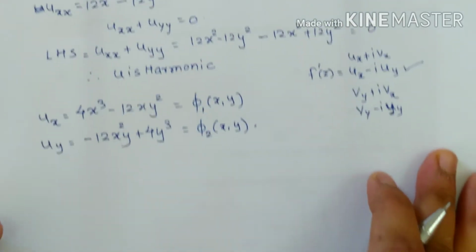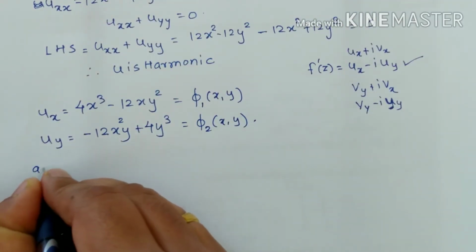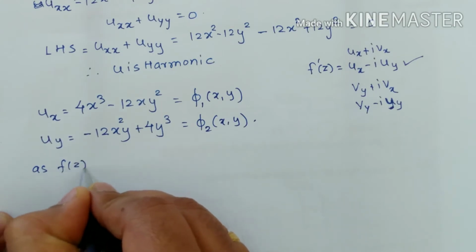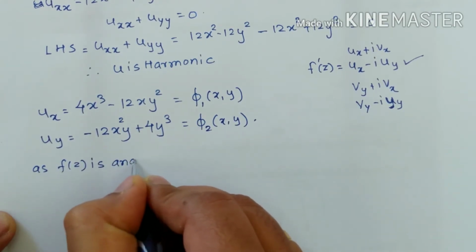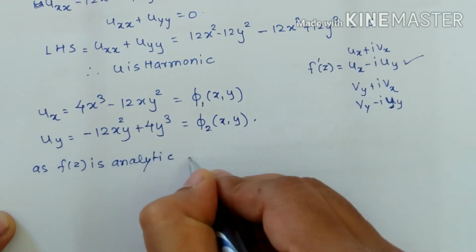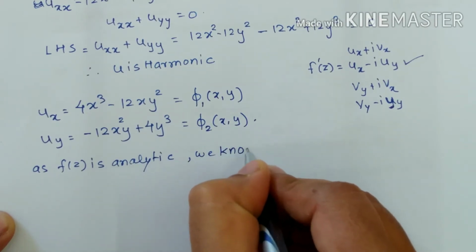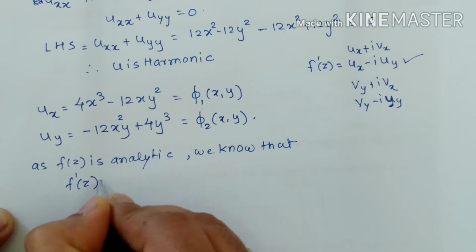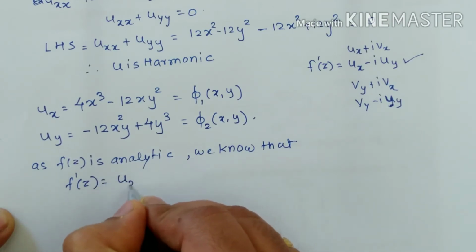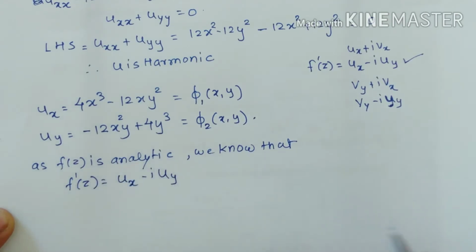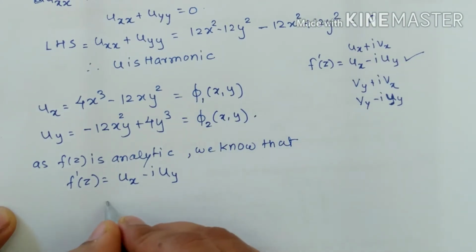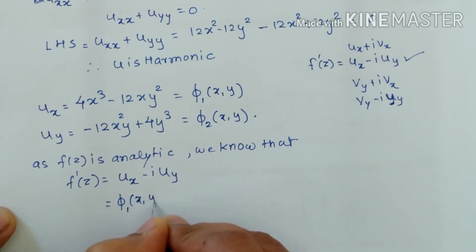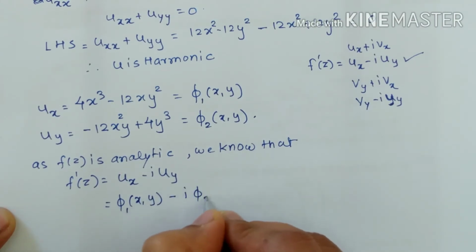Now, as f of z is analytic, we know that f dash of z is equal to ux minus i uy, which is nothing but, with ux called phi 1, phi 1 of x comma y minus i times phi 2 of x comma y.